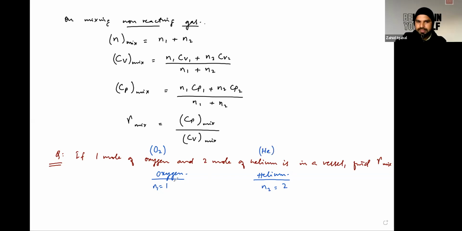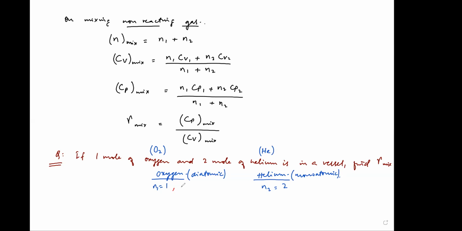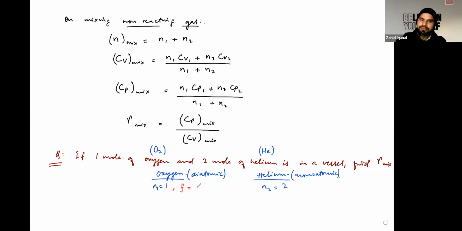So oxygen will be diatomic and helium monoatomic. Is it clear? Yes, sir. Next, degree of freedom for diatomic will be 5 and for monoatomic will be 3.